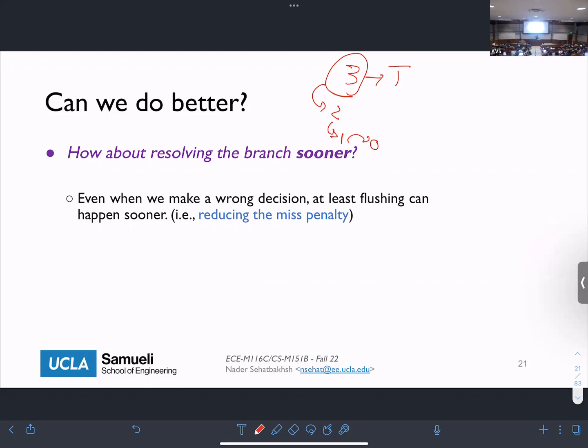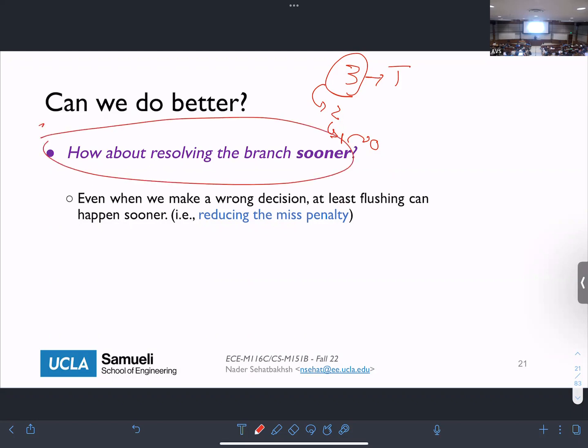And that's a huge improvement, because 70% of the time, remember, for now we are paying that penalty, and if we reduce that penalty even by 1 cycle, we are improving our performance. Okay. So let's talk about how we resolve the branch.